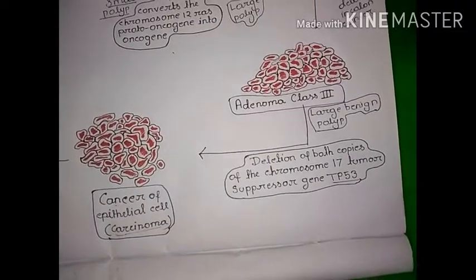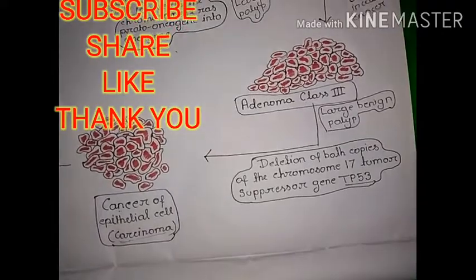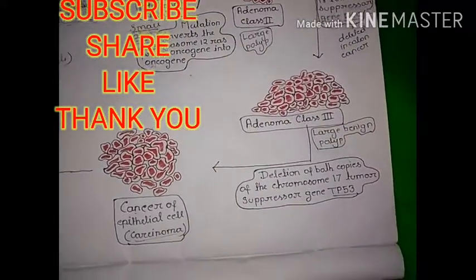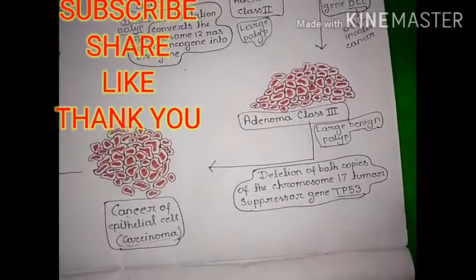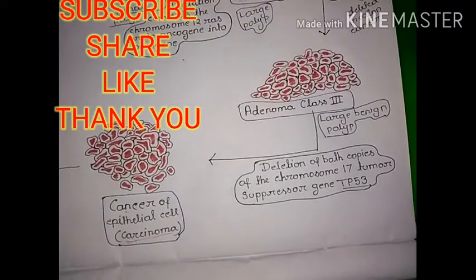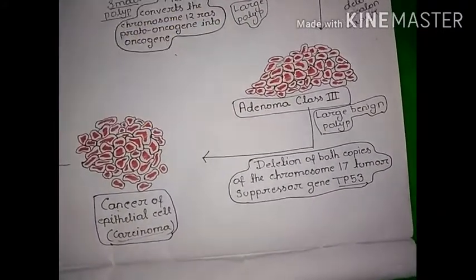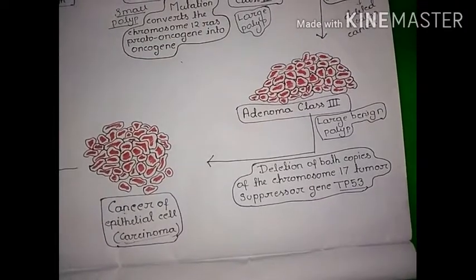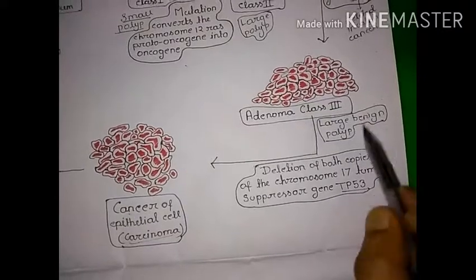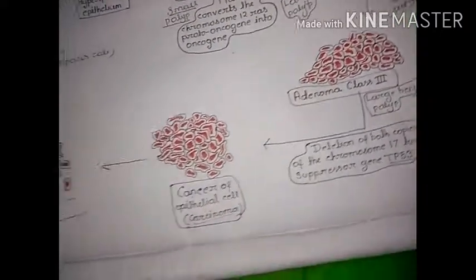So ultimately the damaged DNA shows unprogrammed proliferation, and a carcinoma develops. So P53 plays an important role in the DNA repair mechanism and also the apoptosis pathway. When both copies of the tumor suppressor gene P53 are mutated, it loses its function and ultimately the cell transforms into a cancer. Carcinoma, cancer of epithelial cells.